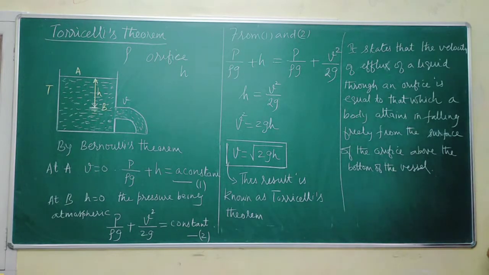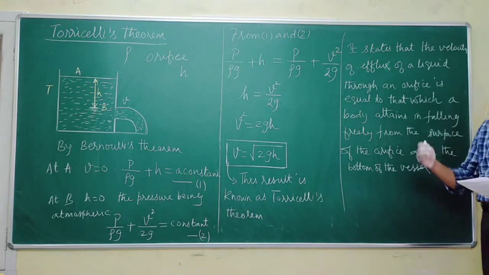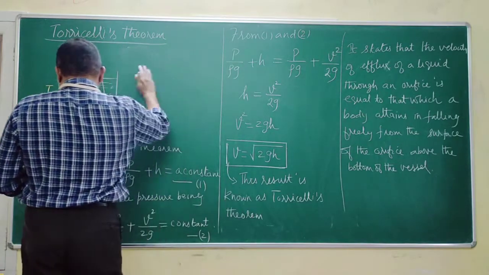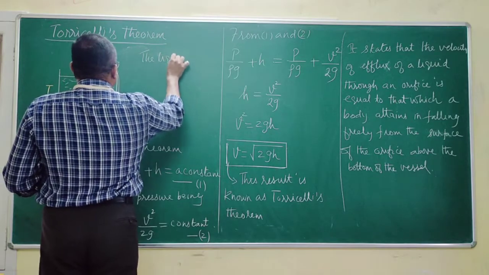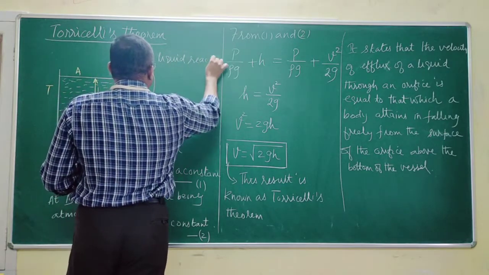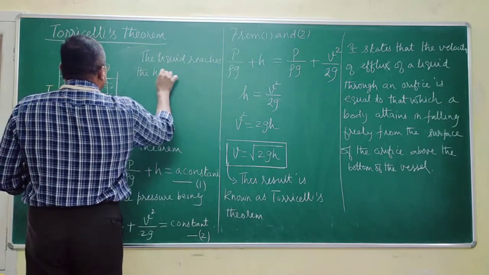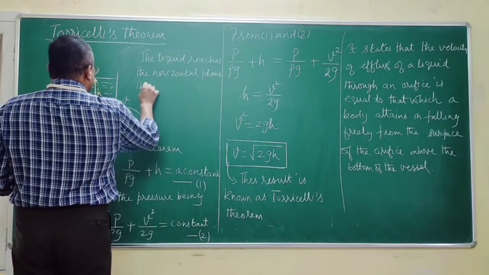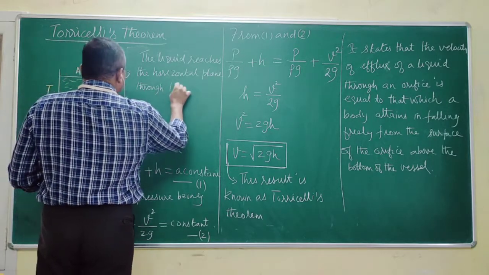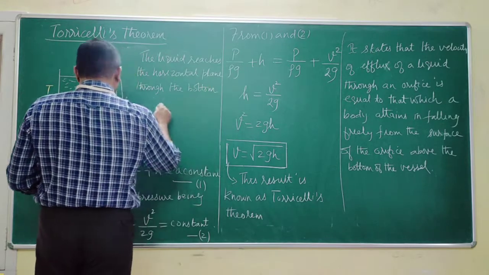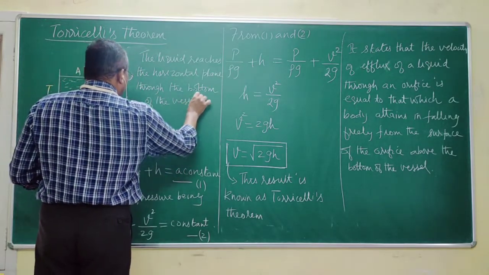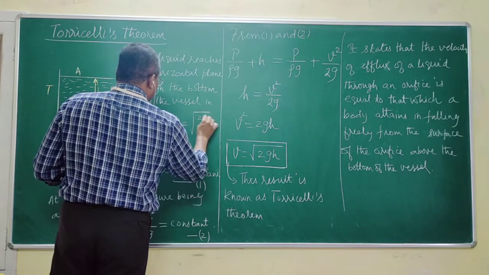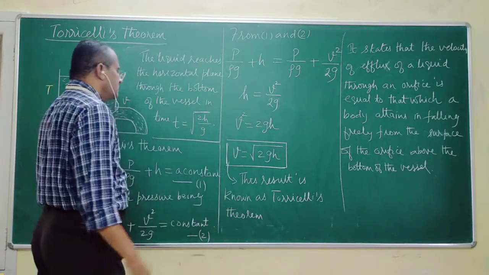If you ask me, sir, from the orifice to the horizontal surface, in what time it will reach, then the liquid reaches the horizontal plane through the bottom of the vessel in time t is equal to under root of 2h by g.